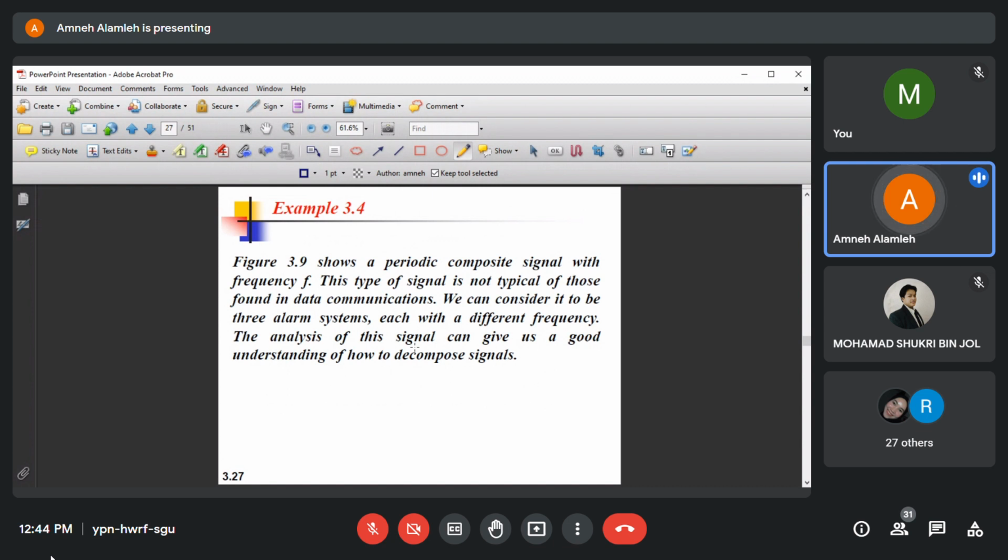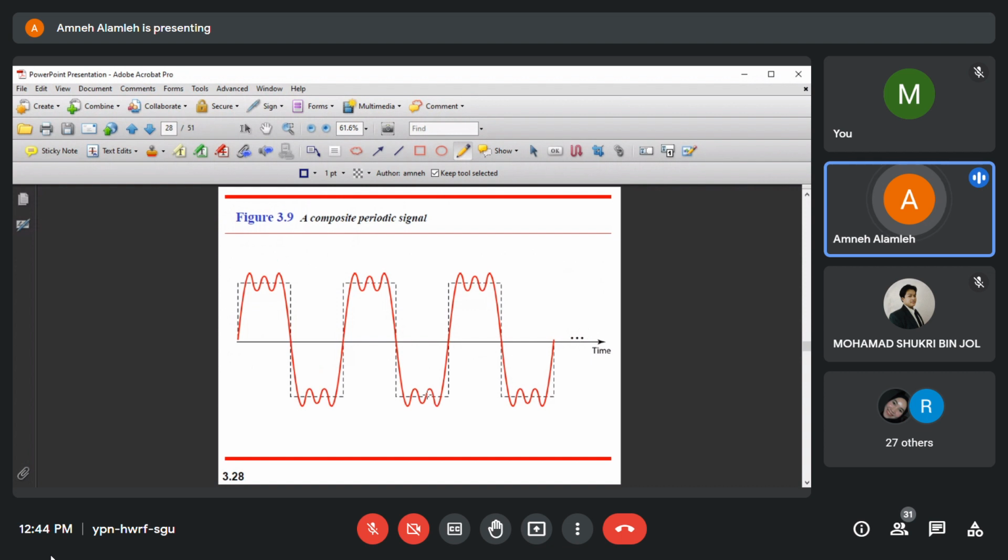We can consider it to be three alarm systems, each with a different frequency. The analysis of this signal can give us a good understanding of how to decompose signals.